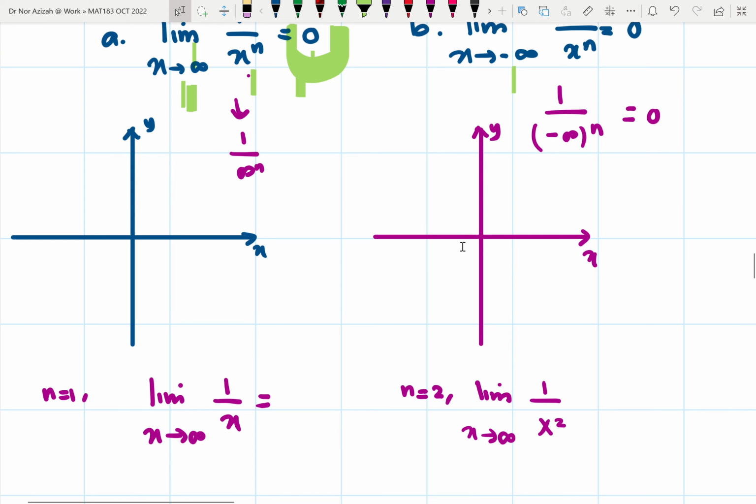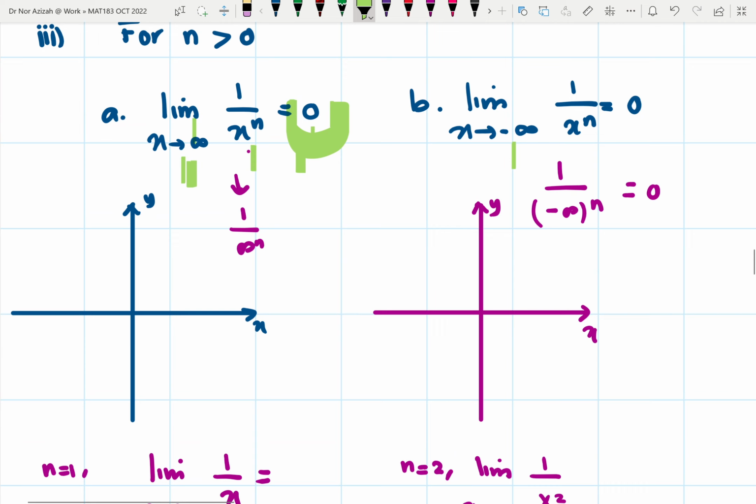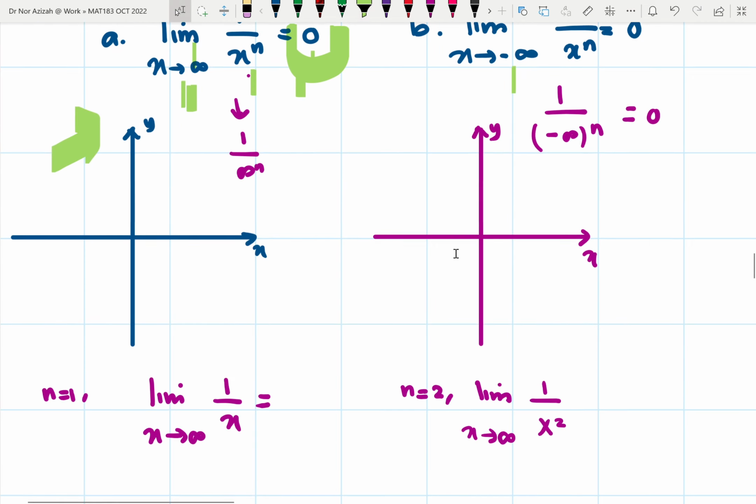Okay. Here I show an example based on these properties. Okay, so based on these properties, number A, if you replace n by 1, you will get the function 1 over x. So 1 over x when x goes to 0, we already mentioned. X goes to infinity, I already mentioned, the answer is 0, right?